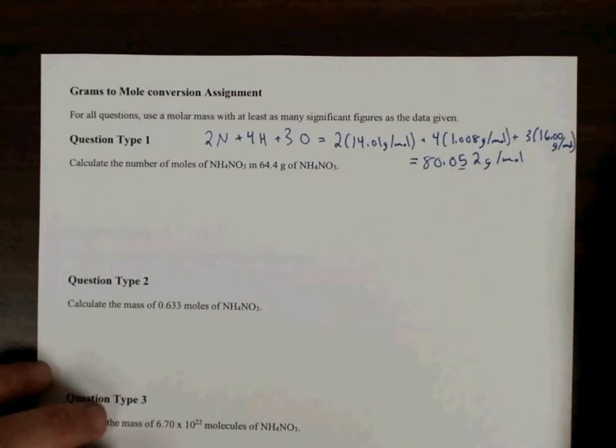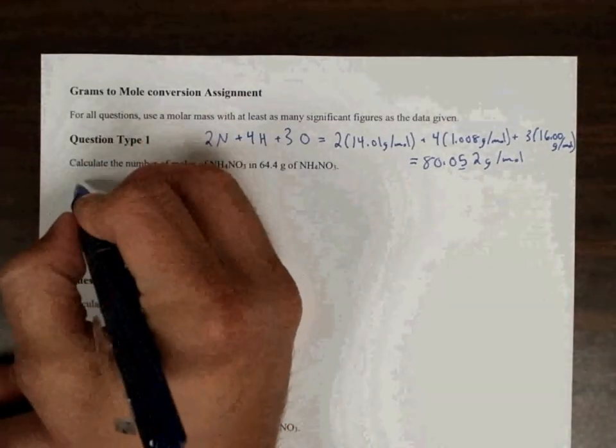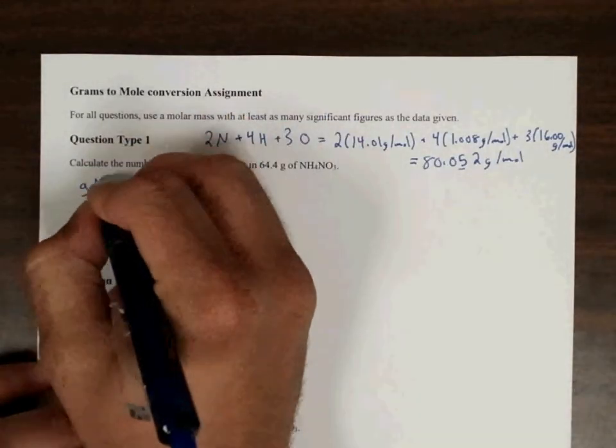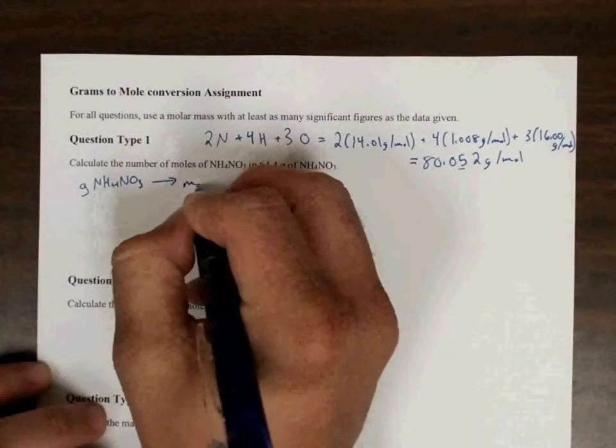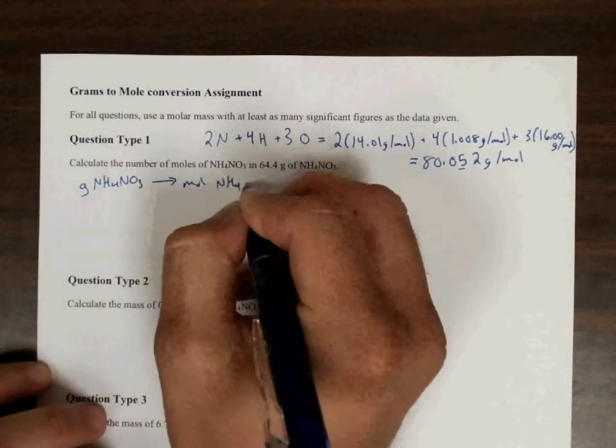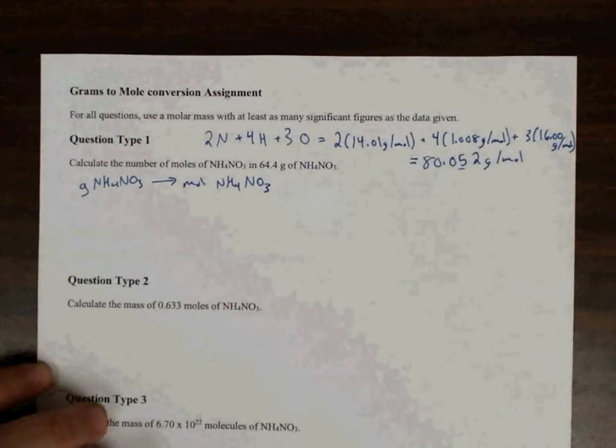Alright, so if we look at question type 1, it's going to ask us to calculate the number of moles of NH4NO3 in 64.4 grams of NH4NO3. So we're going to take grams of NH4NO3 and convert that into moles of NH4NO3.